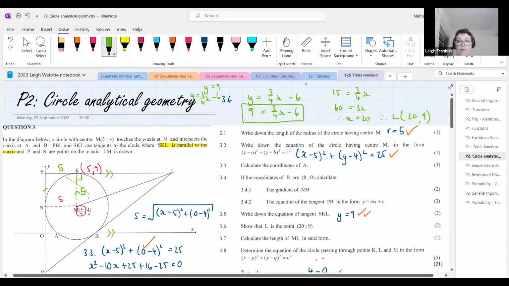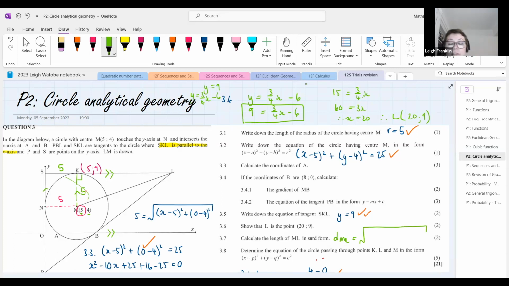Okay, perfect. Now they want us to calculate the length of ML in surd form. So the distance of ML. Subbing into the distance formula, we now know that the coordinates at L are 20 and 9.